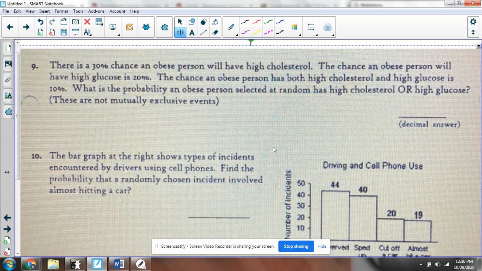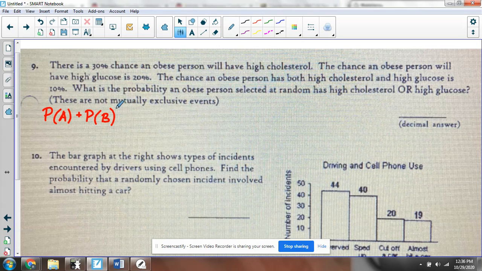There's a 30% chance an obese person will have high cholesterol. The chance an obese person will have high glucose is 20%. The chance that an obese person has both high cholesterol and high glucose is 10%. What is the probability that an obese person selected at random has high cholesterol or high glucose? These are not mutually exclusive events. So the probability of something or something is going to be equal to the probability of the first thing plus the probability of the second thing minus the probability of both things.